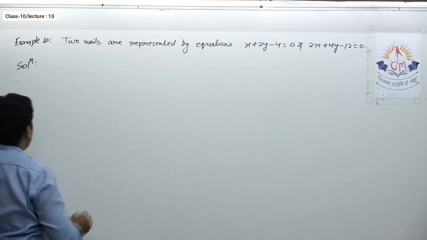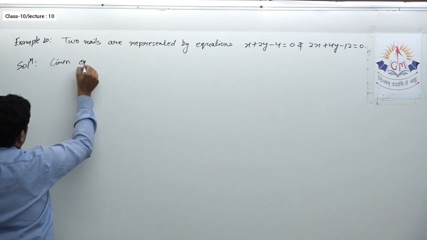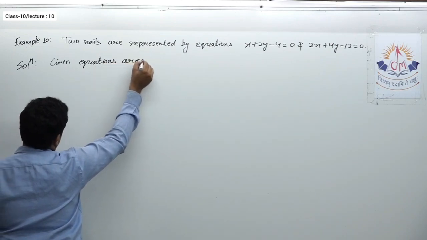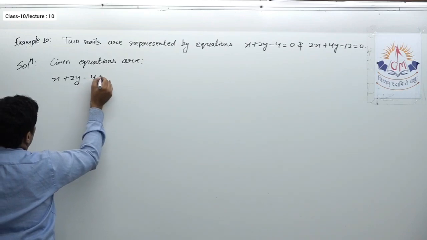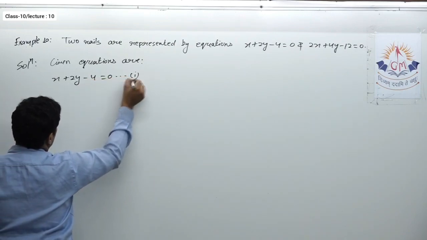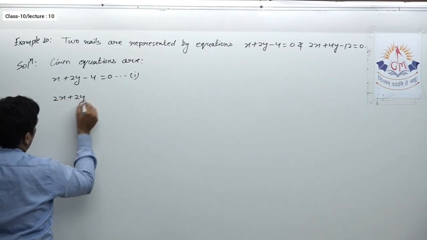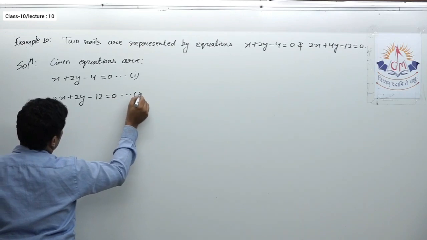So let us see. Given equations are x plus 2y minus 4 equal to 0 and 2x plus 4y minus 12 is equal to 0.